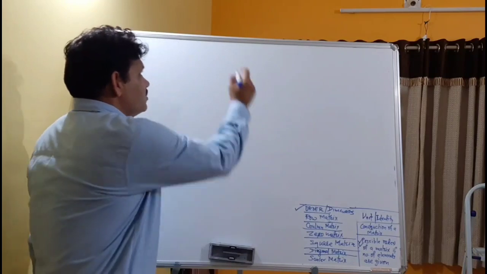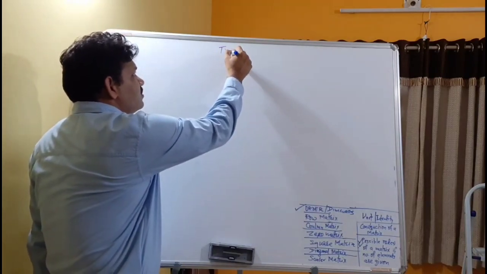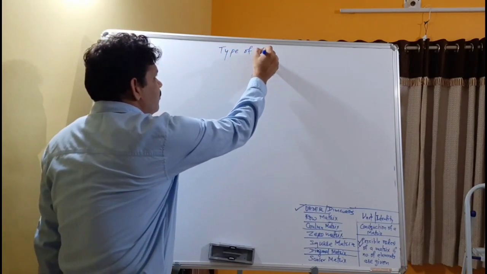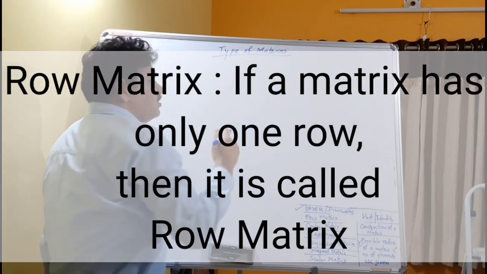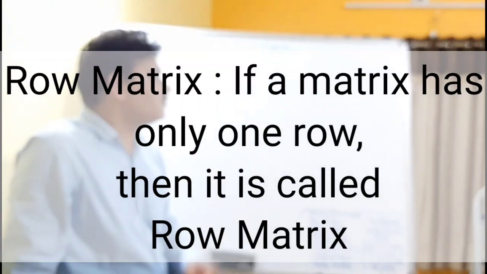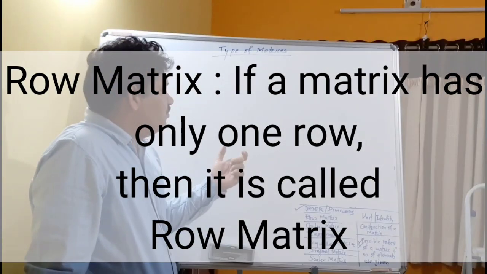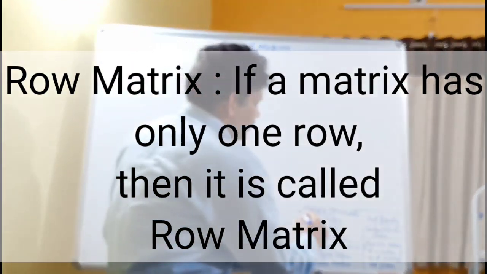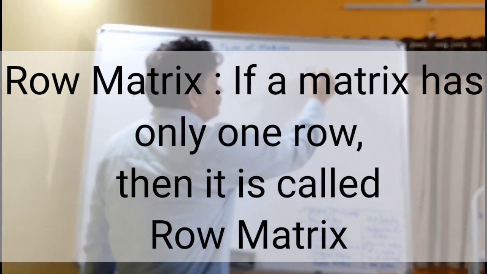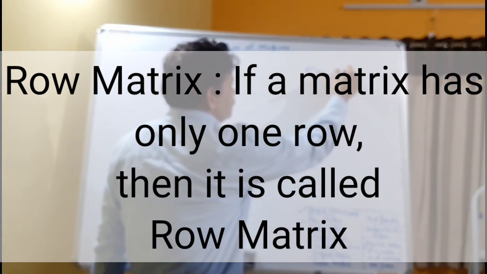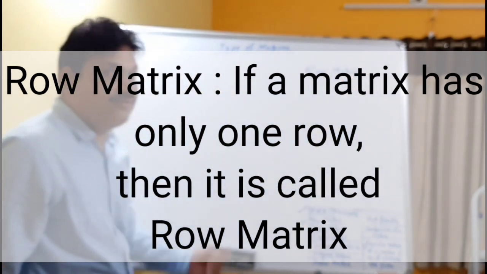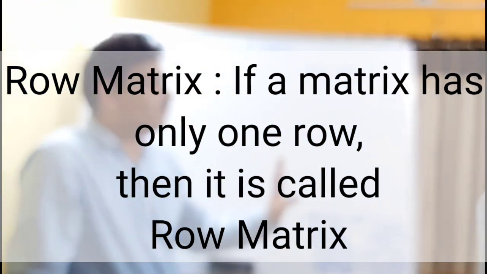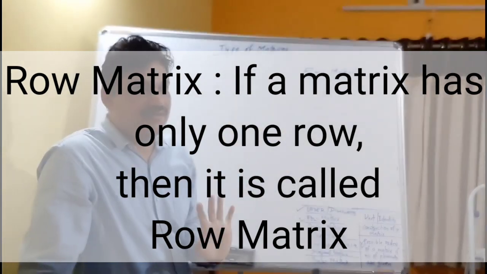Well, after discussing this, we discuss types of matrices. Now, the first is the row matrix. If a matrix has only one row, the number of columns may be any natural number.